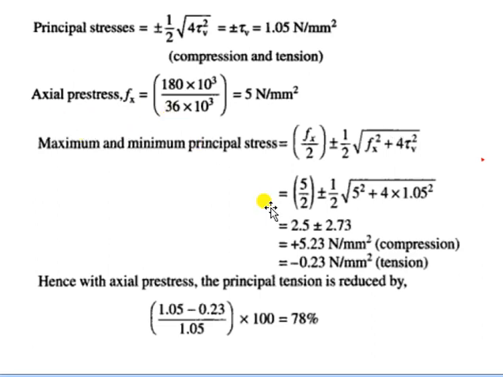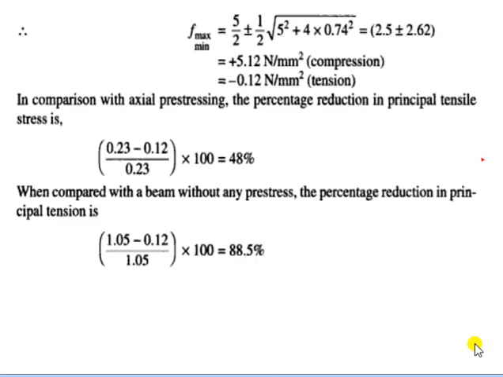Here you can see the results of the straight cable. So it is 0.23 minus 0.23 plus 5.23. That result we have compared here: 0.23 and 0.12.